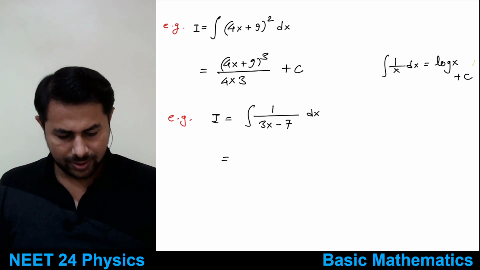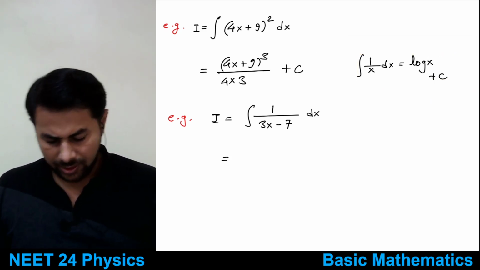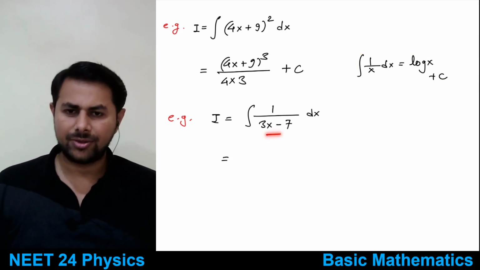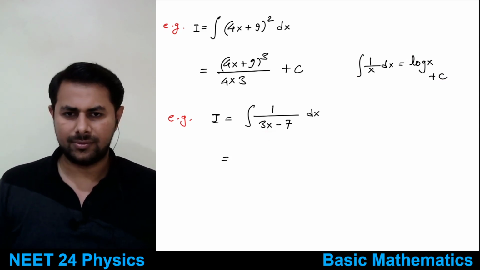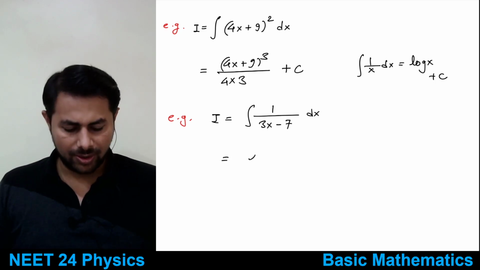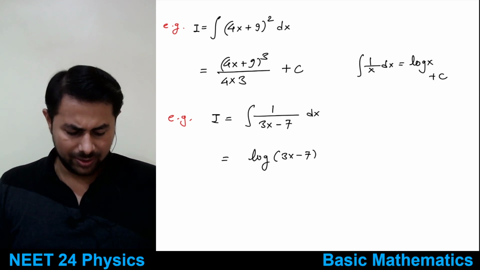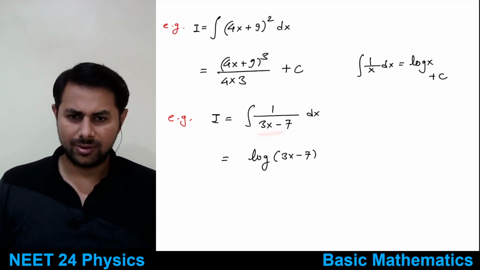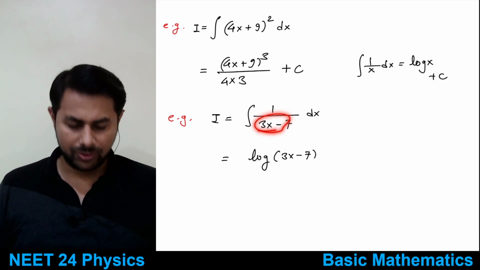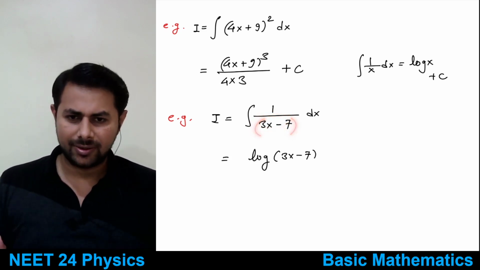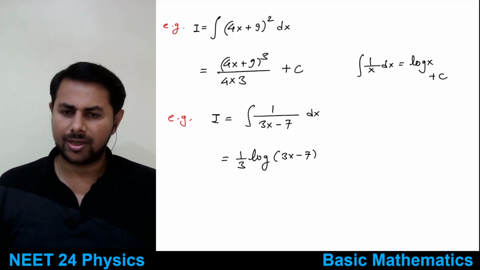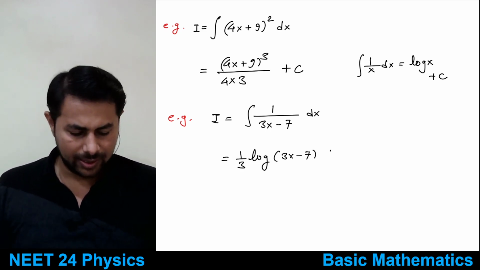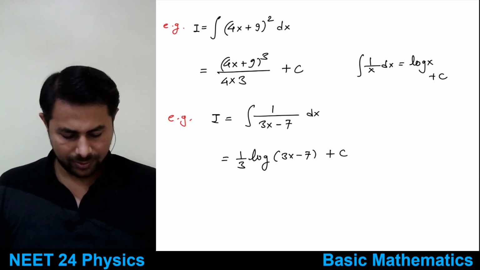Then what will be the integration of this? It will be log of 3x minus 7, but then you have to divide by the derivative of this bracket, so 1 by 3. So it will be 1 by 3 multiplied by log of this term, and then there will be a constant.